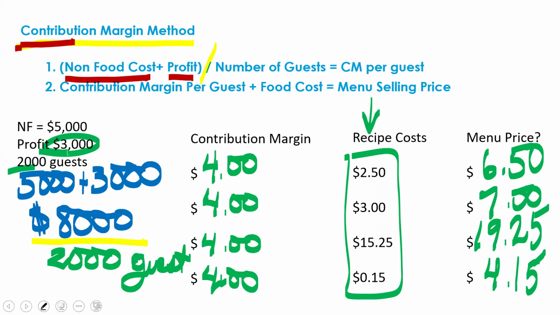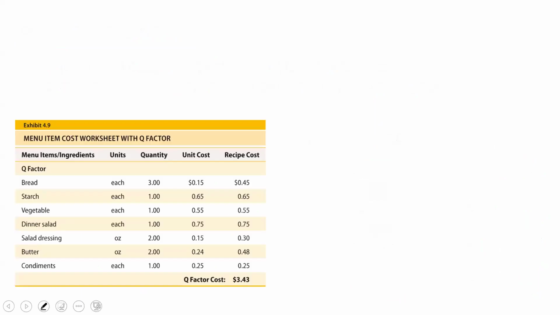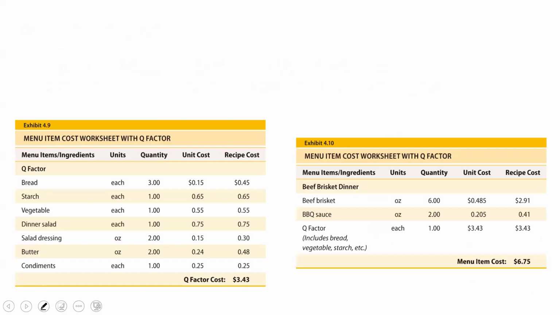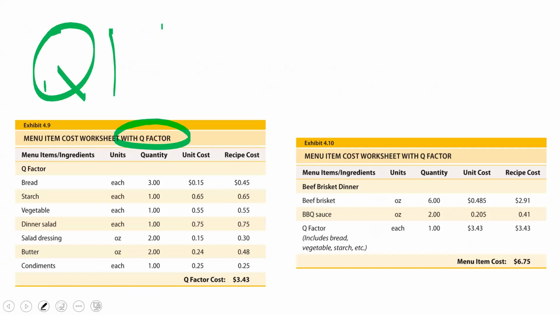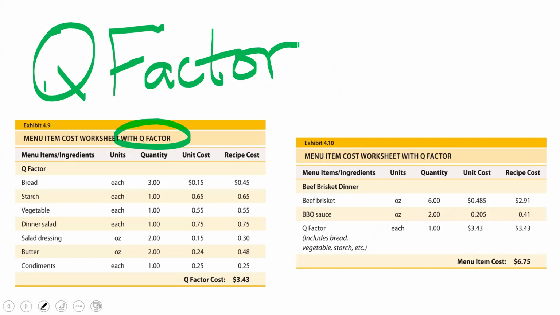Okay, the fourth style, or the fourth way, is what we call our Q factor, okay?